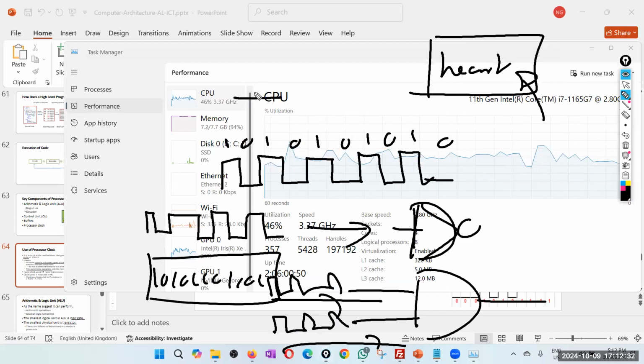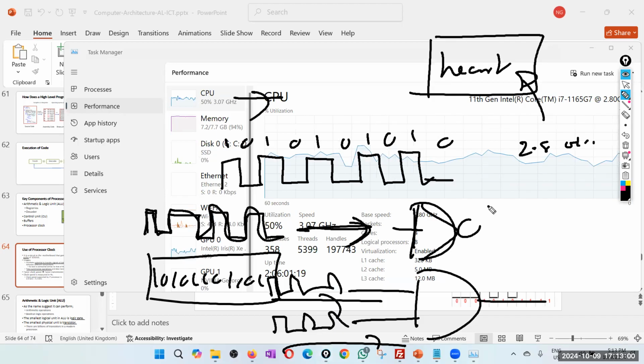And because the clock keeps generating the signal, it provides something like a potential to transmit this data, this distorted signal. Of course, there is no point sending a 1010 signal through circuits. First, you need to build this kind of a signal representing your data, and then these signals must be sent. So when we say my clock speed or processor speed is 2.8 gigahertz, that means billions of these pulses can be sent within 1 second.